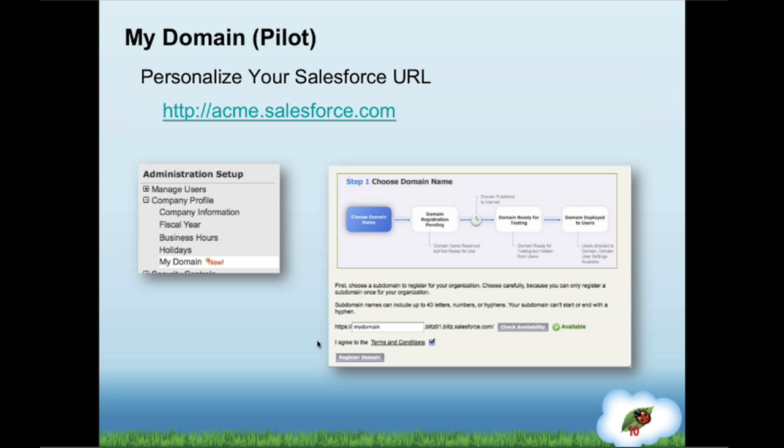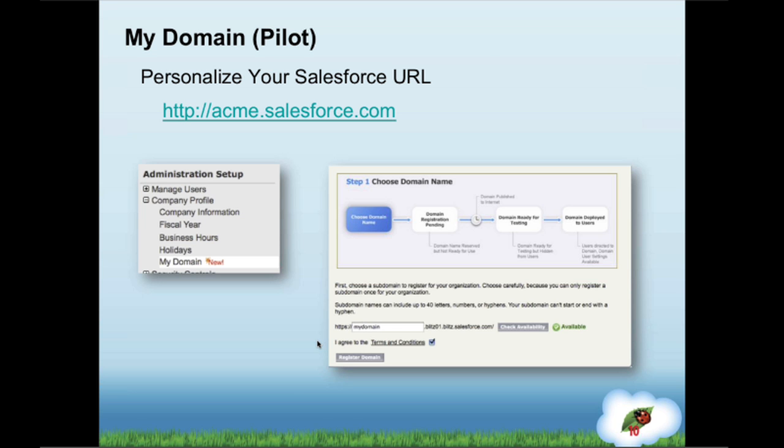Okay, the next feature I want to show is another pilot feature, and this is the ability to personalize your Salesforce URL using My Domain. This is best explained by saying you work for a company called Acme, and you want to have the URL of acme.salesforce.com.